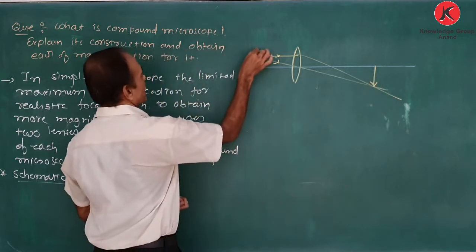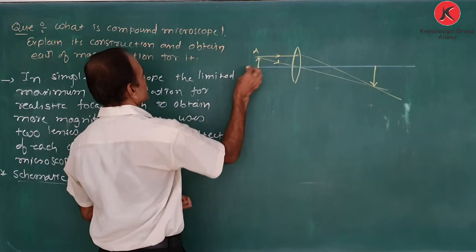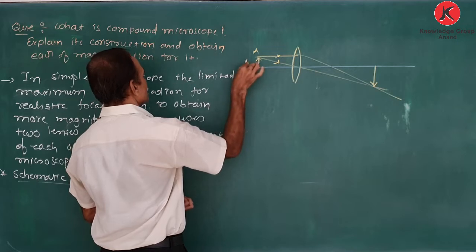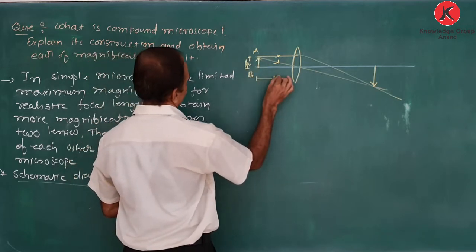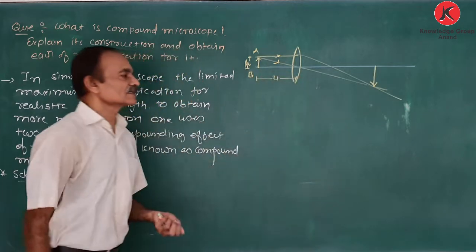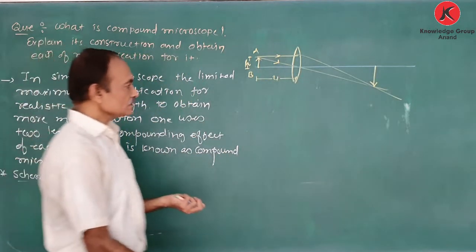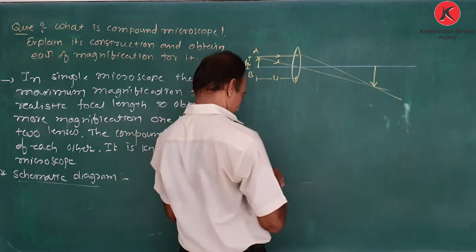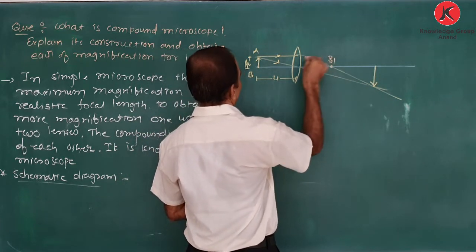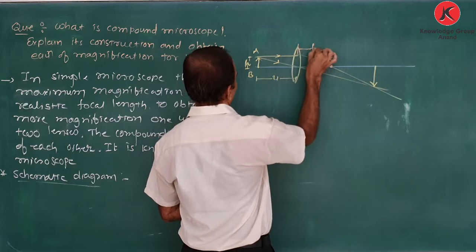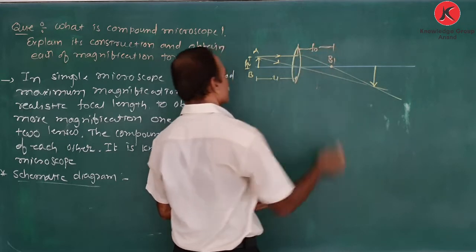So here the object is AB, the height is H, and the distance is U. Now there is our B1 point. Actually this distance is the focal length.